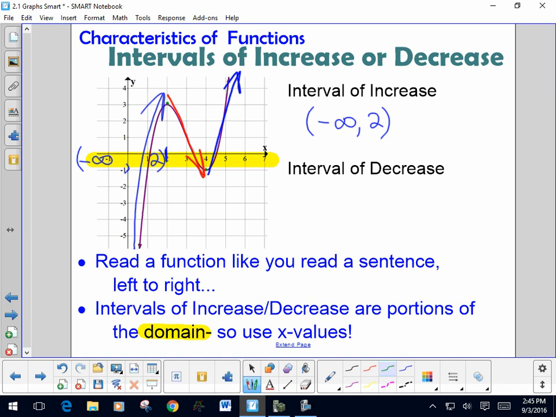And then it increases again beginning at the x value of 4, and it continues to increase from then on, all the way up to infinity. And you could connect it with a union. This particular function has only one interval of decrease. It begins decreasing at the x value of 2, and it continues to decrease until it reaches an x value of 4.